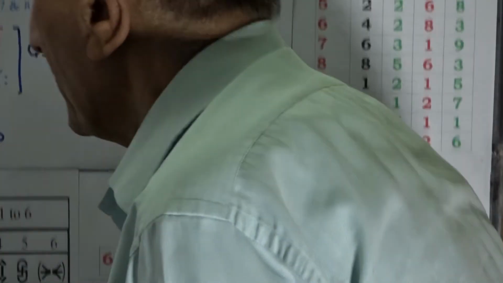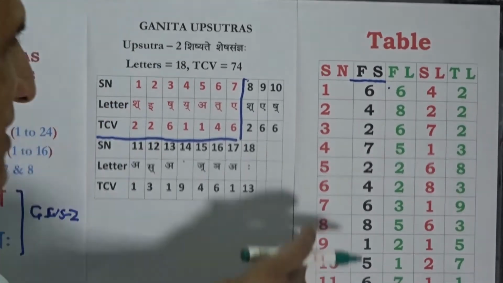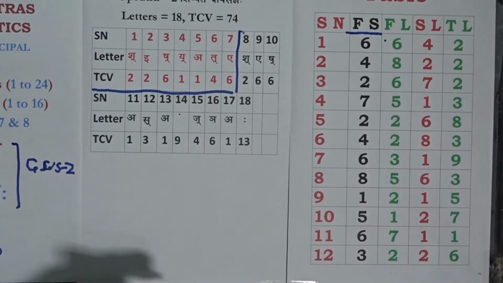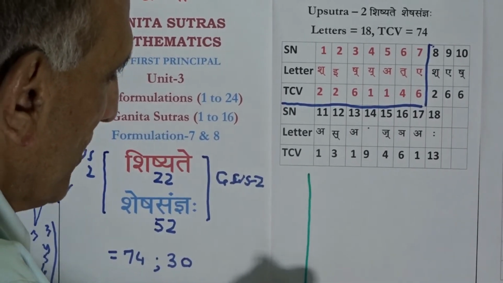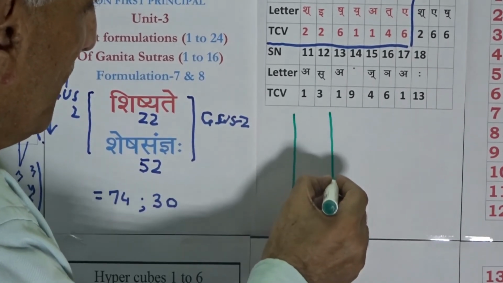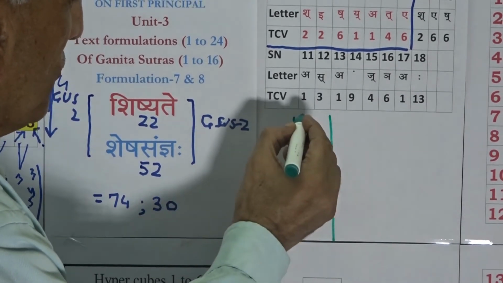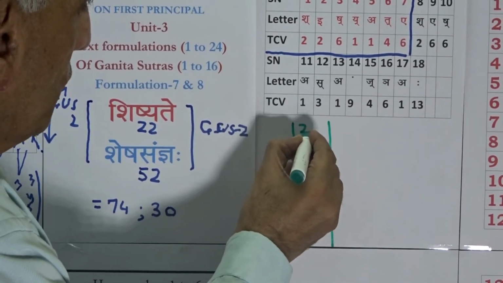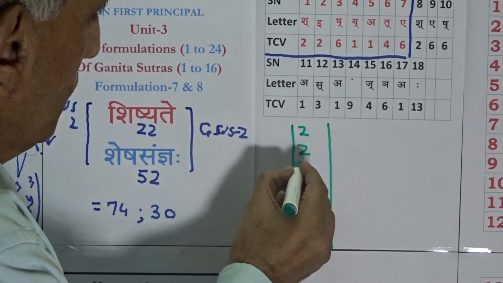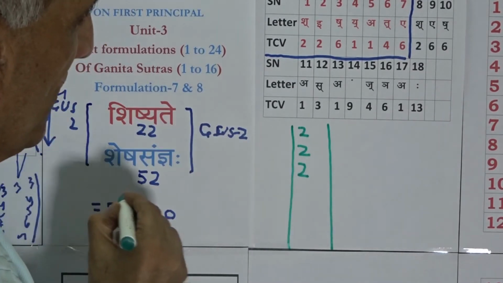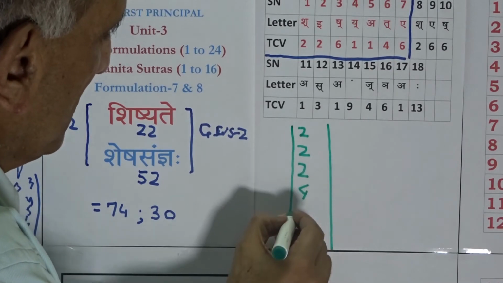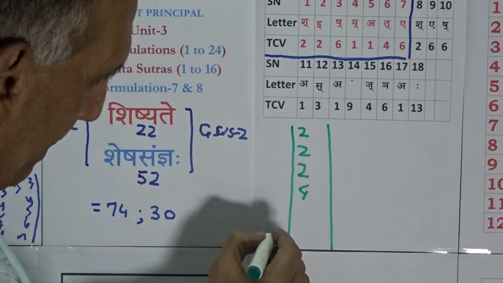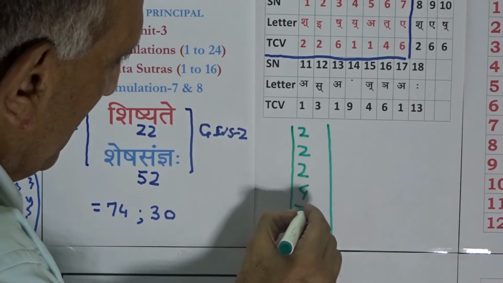Here it also will be blissful to take note that simultaneously with the letters of the sutras we may proceed with the letters of the Upsutras as well. Therefore the first letter of the first Upsutra is giving value 2, second is also giving value 2, third is also giving value 2, fourth is giving a value 4, fifth is giving value 7.